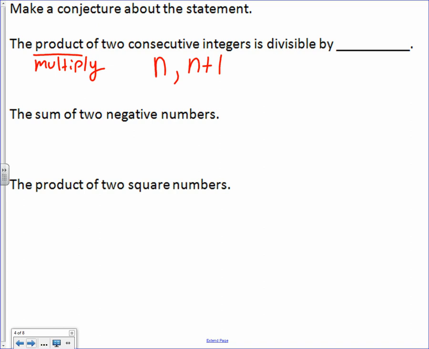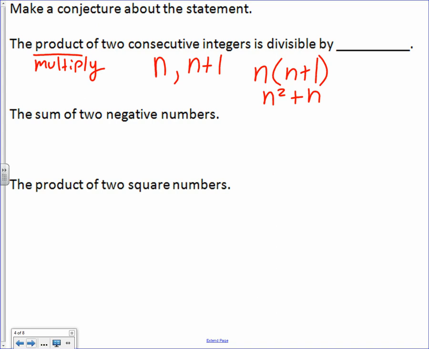Well, we have n times n plus 1. That gives us n squared plus n. And there's a much better way to describe this. n could be positive or negative, but it could be even or odd.